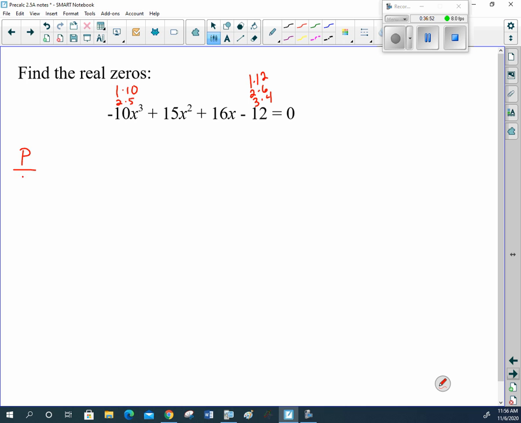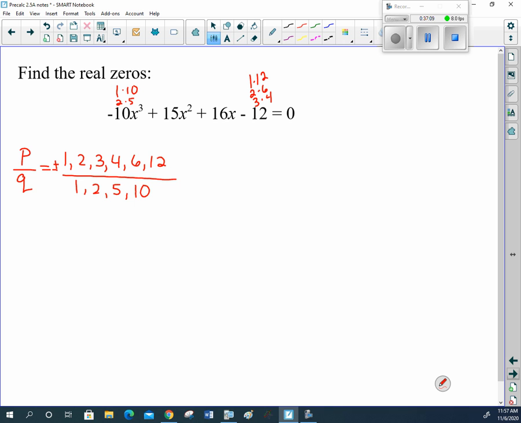So all the p divided by q stuff, that's where you would start. But graphing calculator is really helpful.